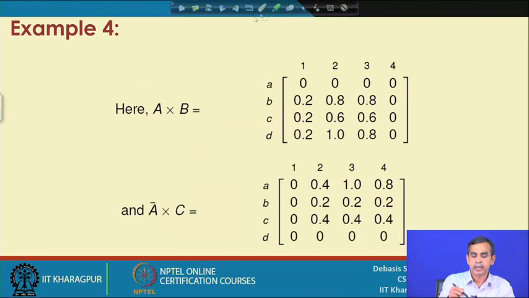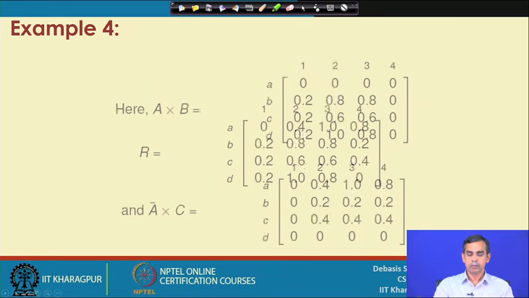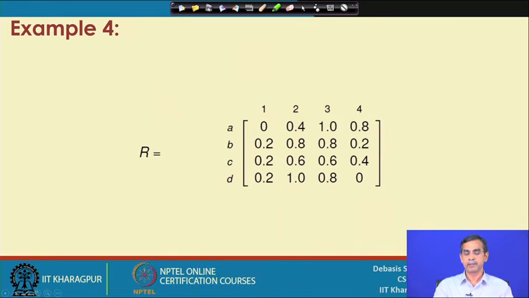Here is the A cross B calculation, and here the A cross C calculation, and finally the rule R, which gives: if x is A, then y is B, else z is C. So, this is the rule that we can consider for this rule computation.